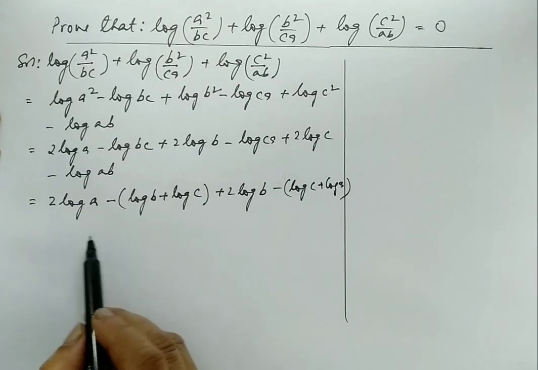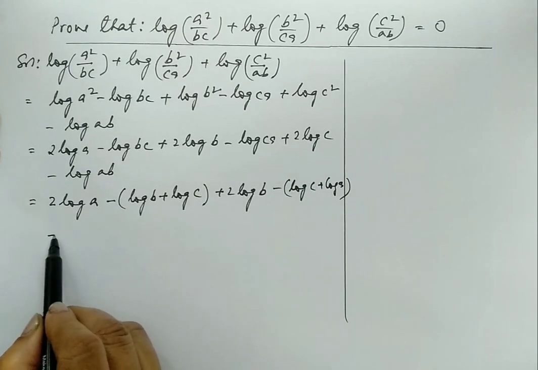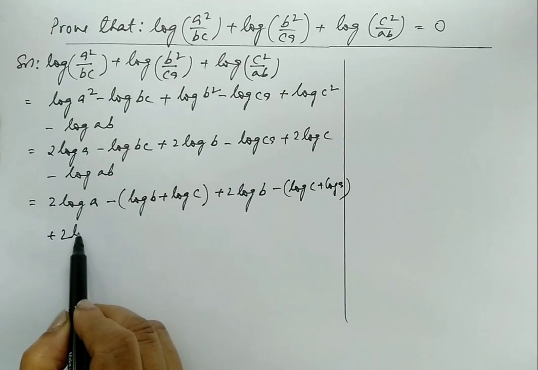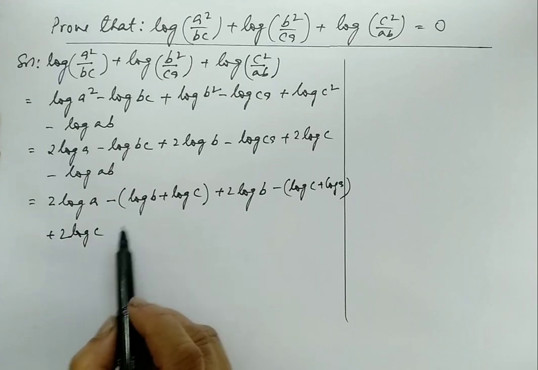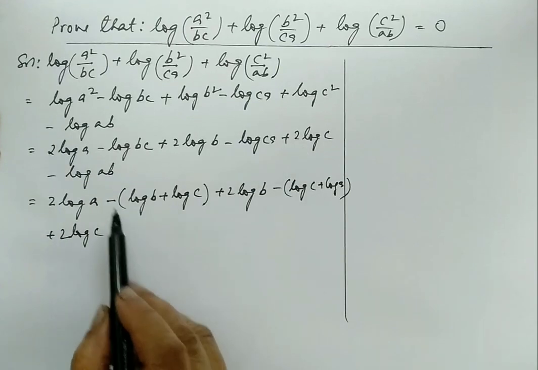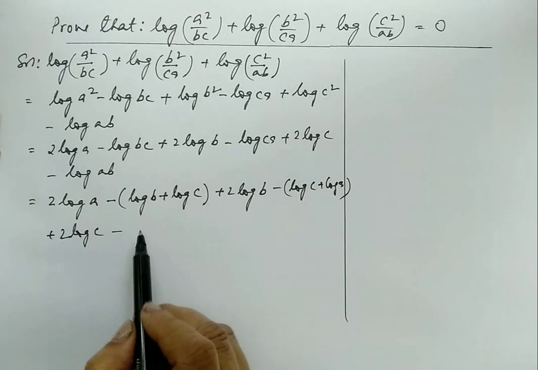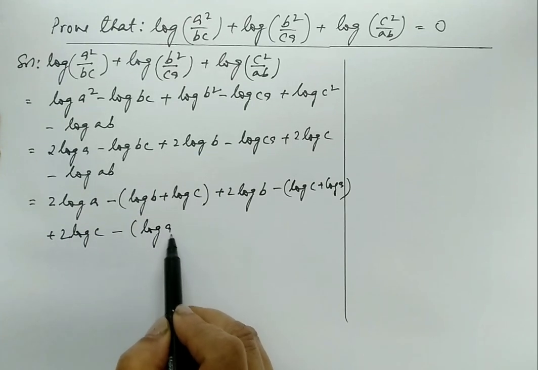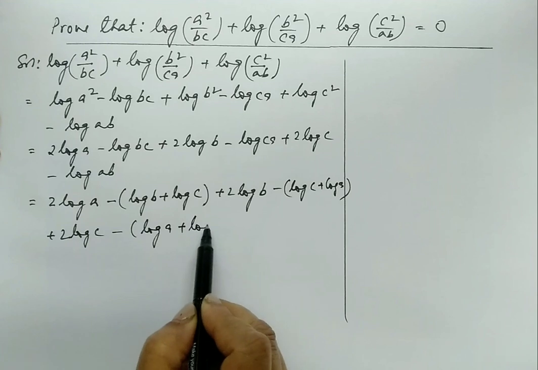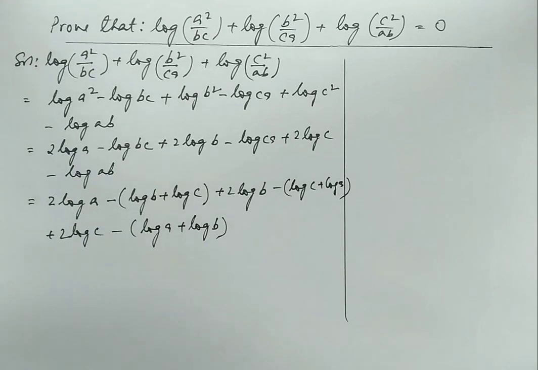For this, 2 log c. We didn't change anything. For this, once again in bracket, log a plus log b.